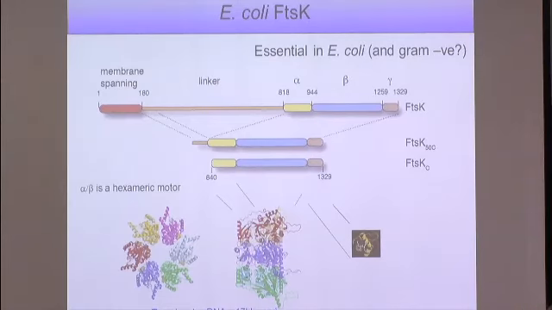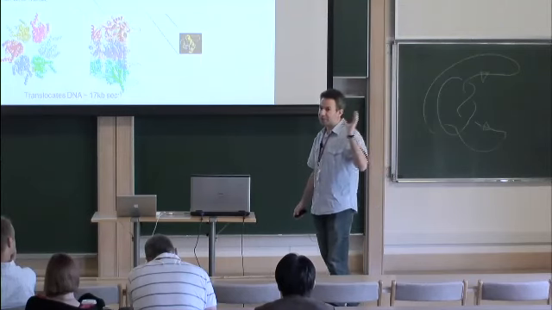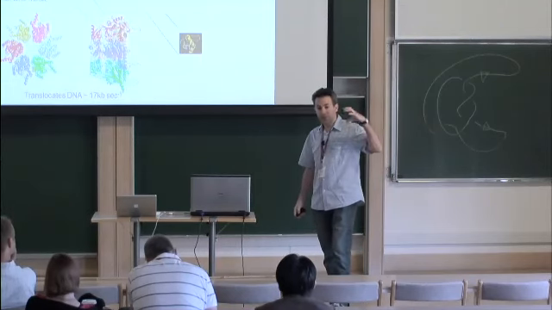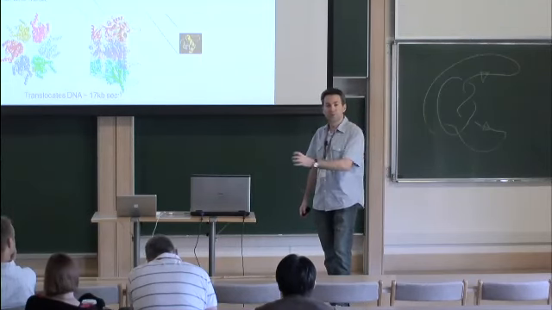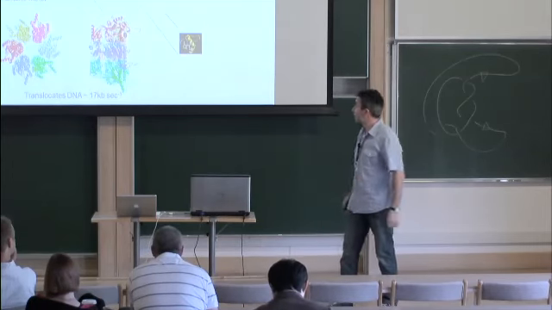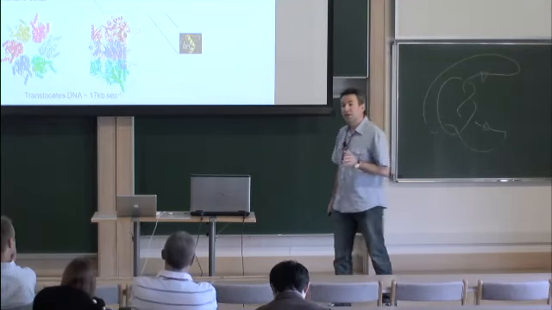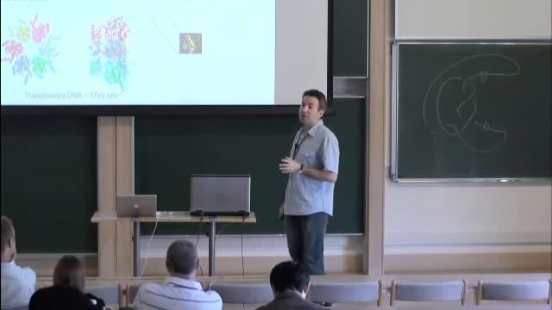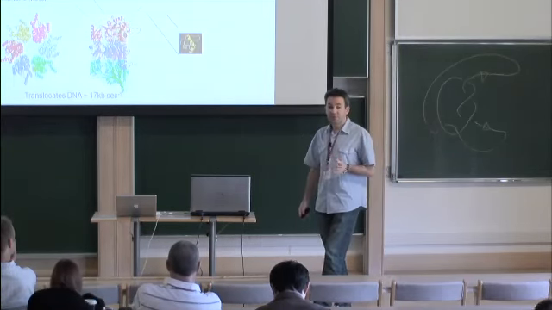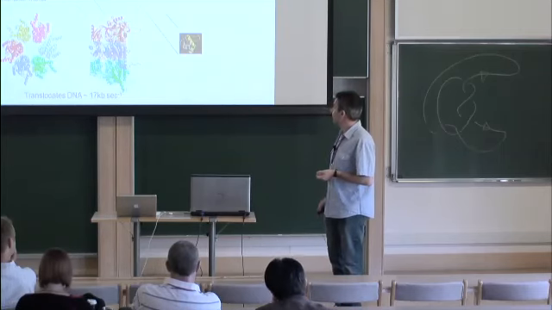So the motor knows where it's going as well. It seems to be a clever motor. It doesn't just buzz around the DNA any old where. It always loads so that it goes towards this recombination site dif. Okay? And it uses the domain gamma to do that. And the small gamma domain, it turns out, also can interact with the recombinase XerCD and seems to stimulate recombination.